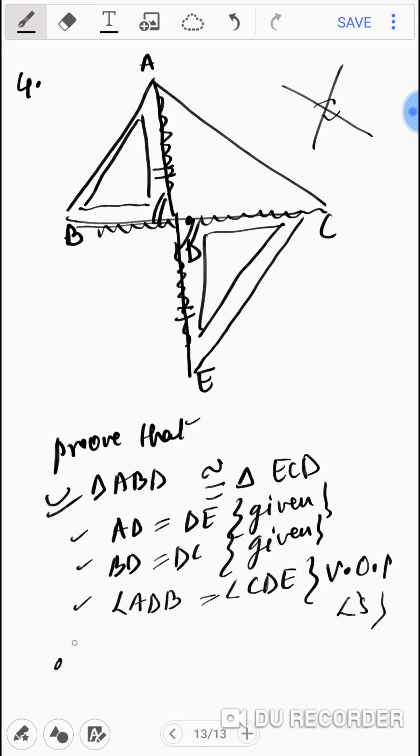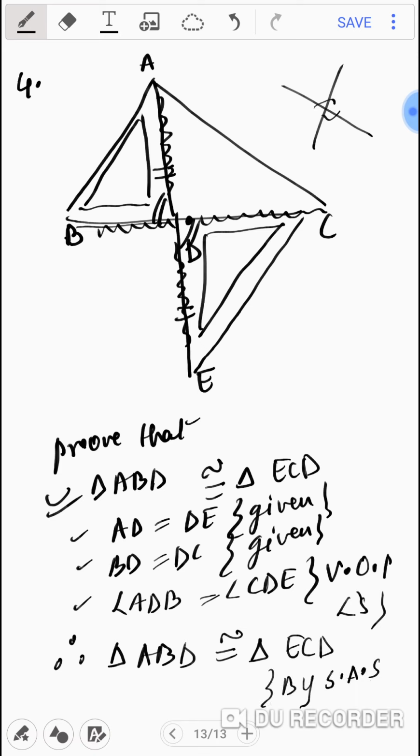Okay? Hence, therefore, triangle ABD is congruent to triangle ECD. By which test? By side angle side test. Why side angle side? Because there are two sides and in between you have angle.